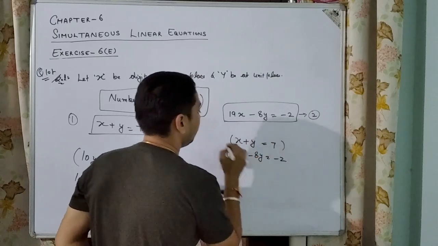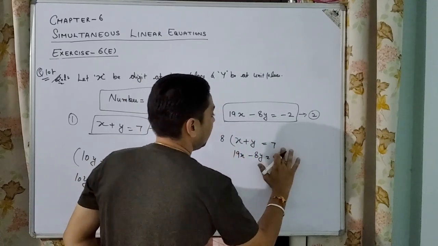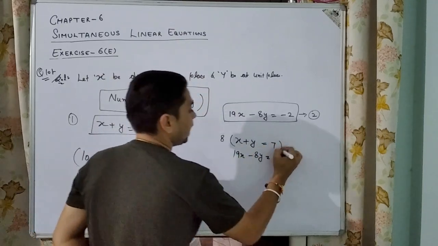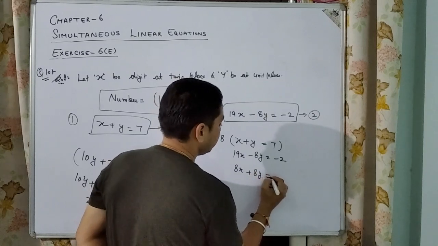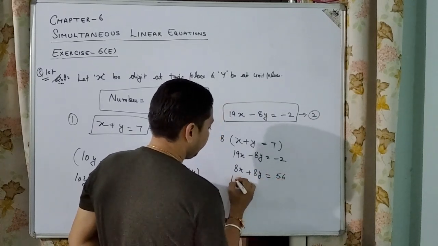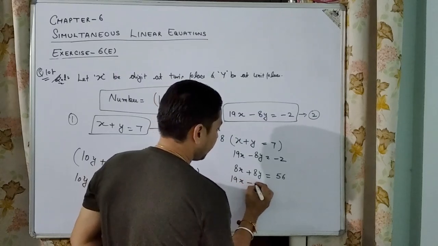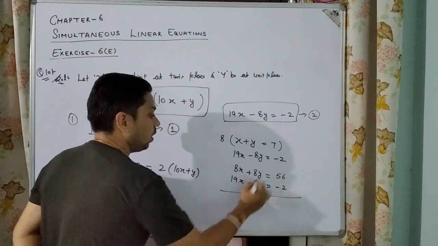Multiply the first equation by 8, and it will give you 8x plus 8y equal to 56, and 19x minus 8y is equal to minus 2.